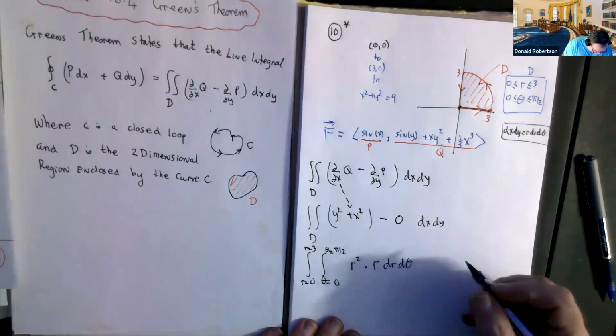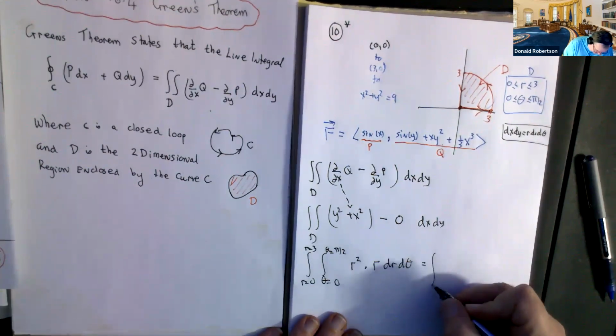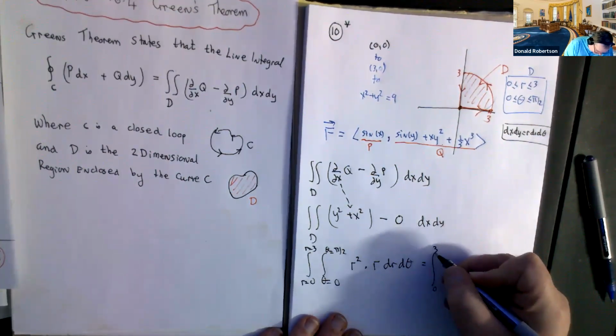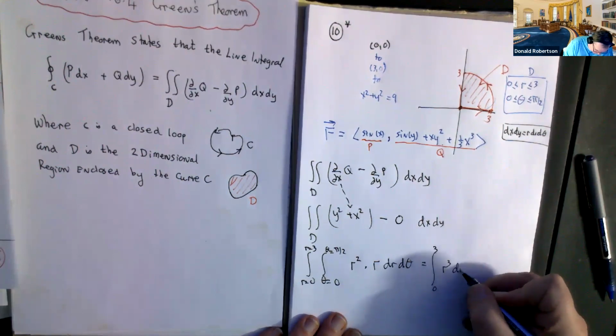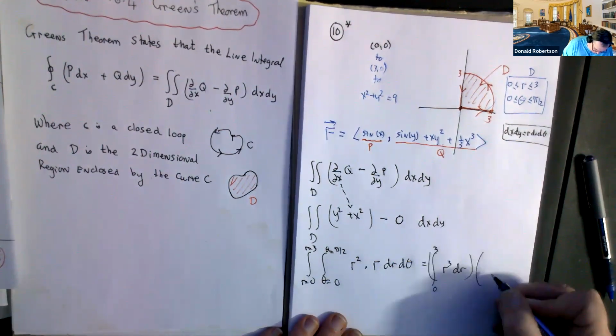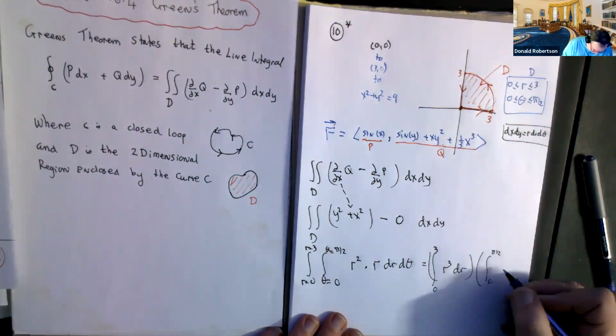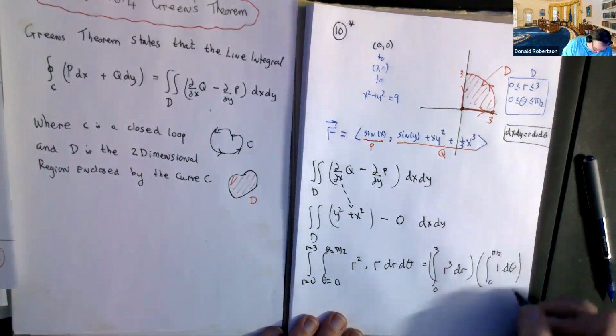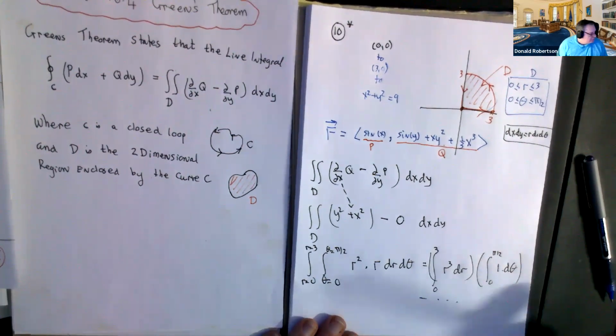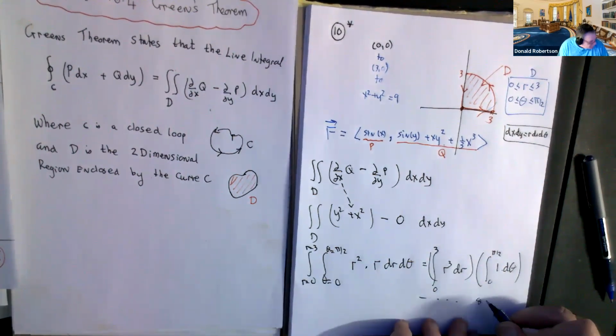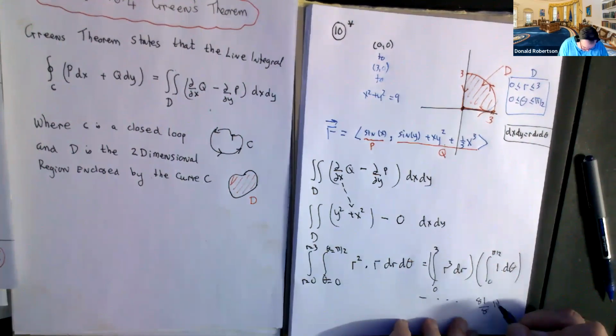And so we're pretty much done. It's going to be 0 to 3 of r cubed and 0 to pi upon 2 of 1. Dot, dot, dot. Evidently, you get 81/8 pi.